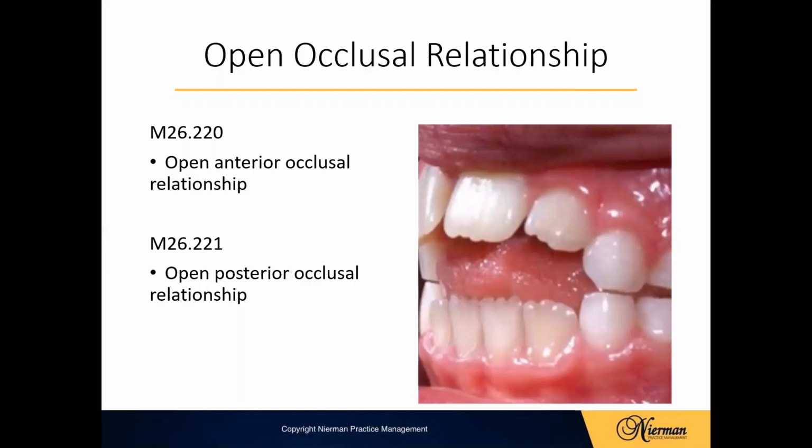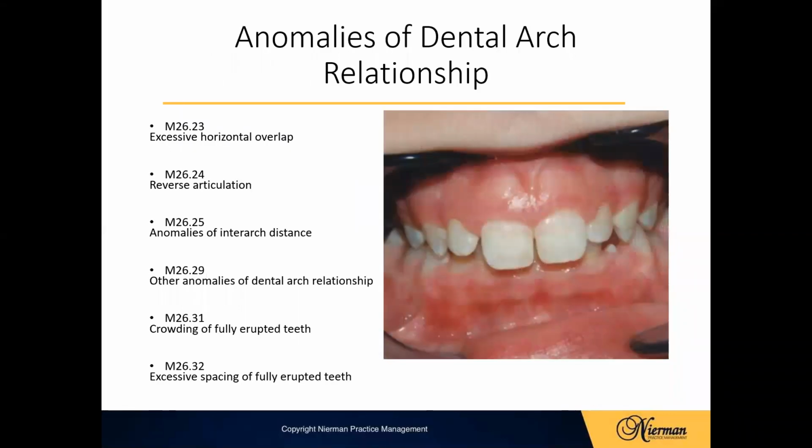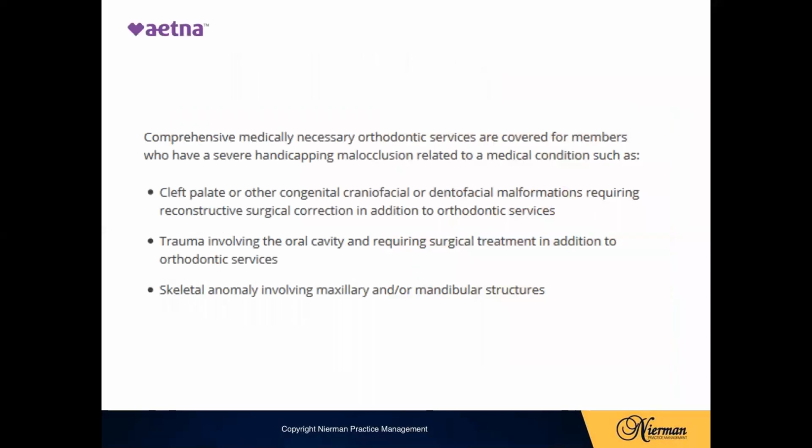So again, some more orthodontic codes. Open occlusal relationship and anomalies of dental arch relationship. We're working in this webinar with the Aetna plans because they're really good at publishing their policies.